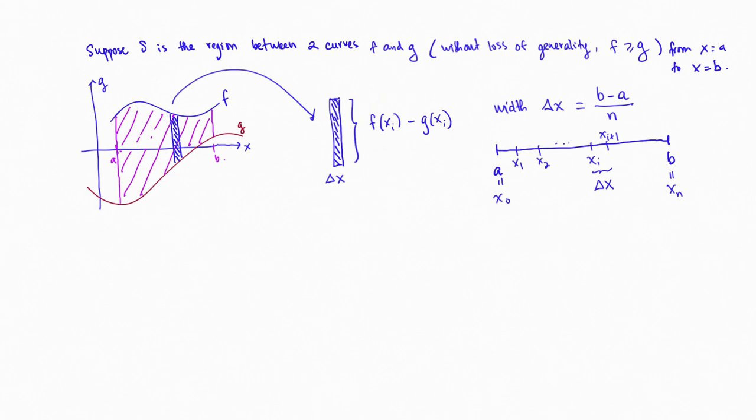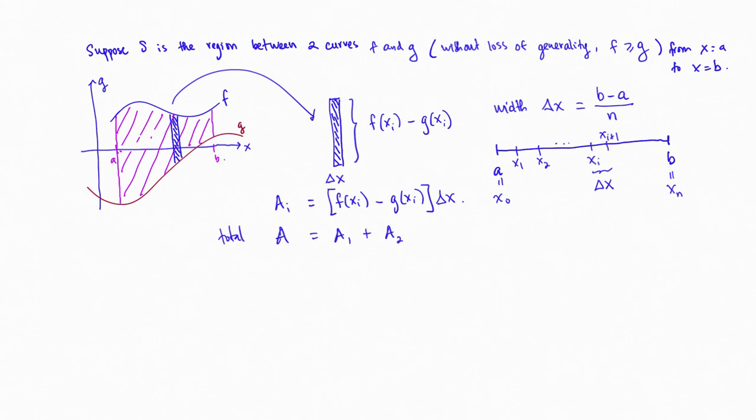The area of this ith rectangle is therefore the height, f of x sub i minus g of x sub i, times the width, delta x. This is one of the n rectangular strips.